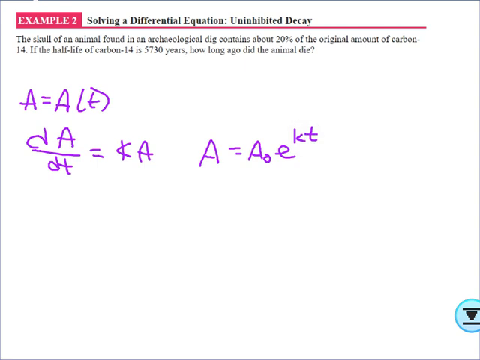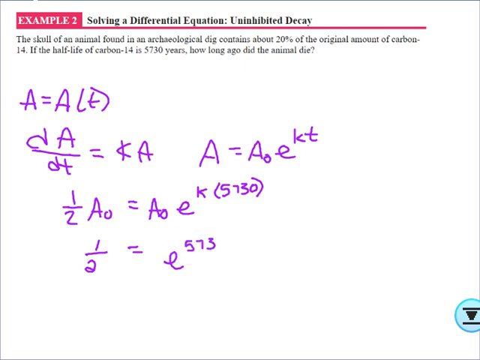Okay, so then to find my half-life, I'm going to have 1/2 A naught is equal to my A naught e to the, I'm looking for k. They're telling me that my t is 5,730 years, and now it's just a little bit of math. Divide by A naught, I get 1/2 is equal to e to the 5730k. Take my natural log of both sides.